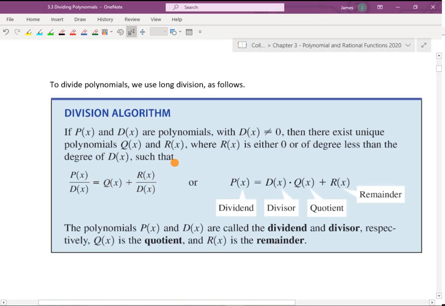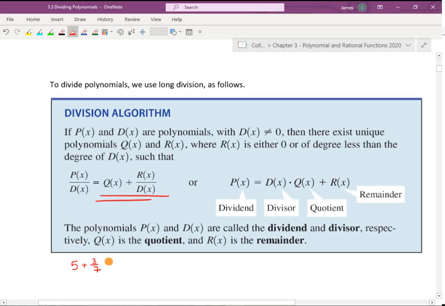Now, here's my question to you. If I take 5 plus 3/7, because that is essentially like p divided by d, it's this side here. If I multiply by my divisor, what was my divisor by looking at that right there?